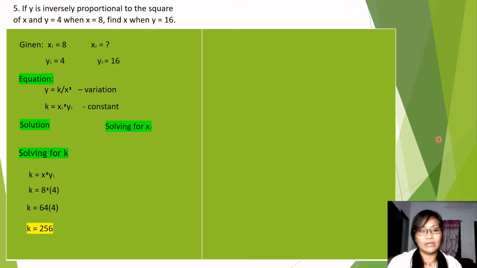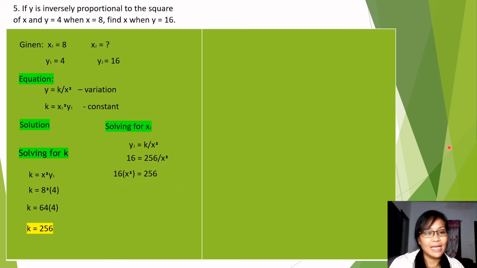256. Solving for x sub 2, we're going to use the equation y sub 2 is equal to k all over x sub 2 squared. Then substitute the given. For our y sub 2, we have 16 is equal to 256 divided by x squared. Next, multiply 16 times x squared is equal to 256.